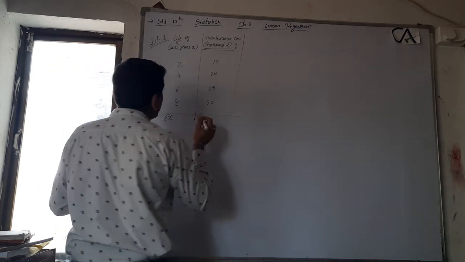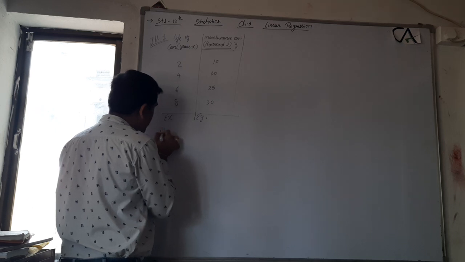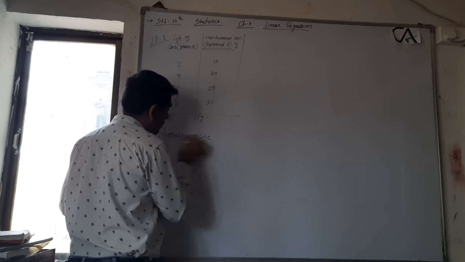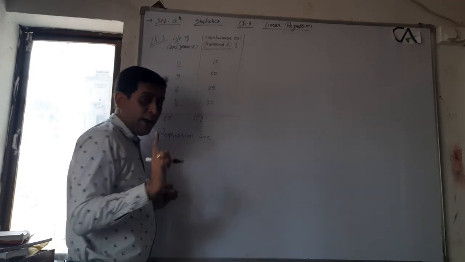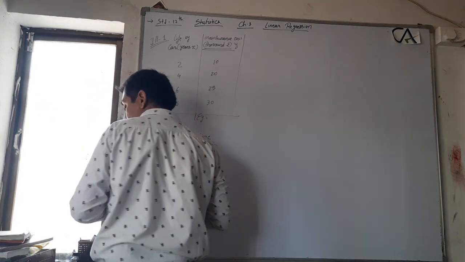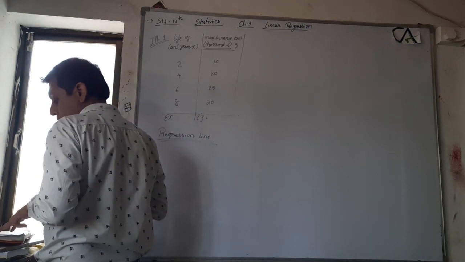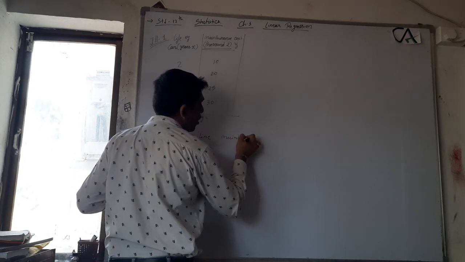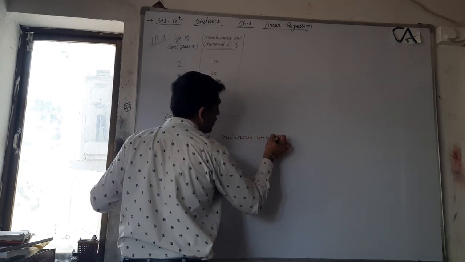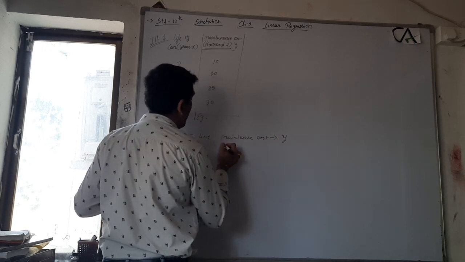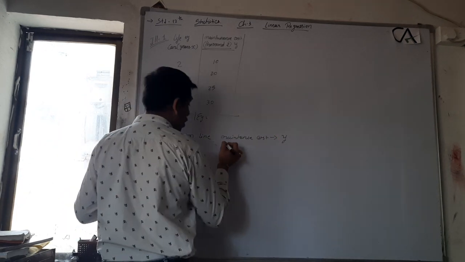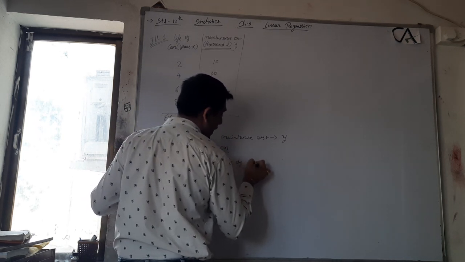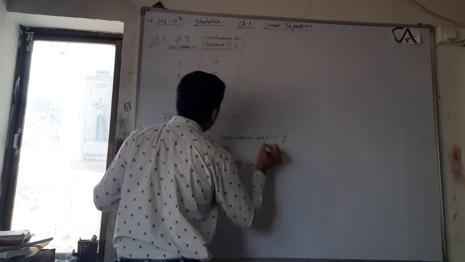Regression line of, see, the question is regression line, that is y on x or x on y. But regression line of maintenance cost, maintenance cost is our y, on life of cars, that is our x.